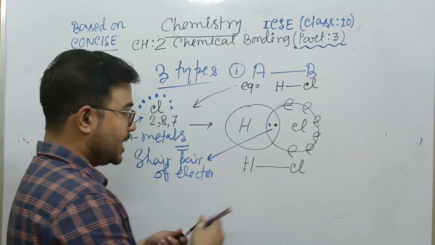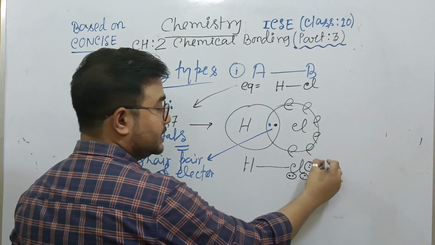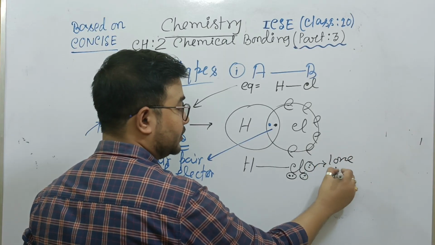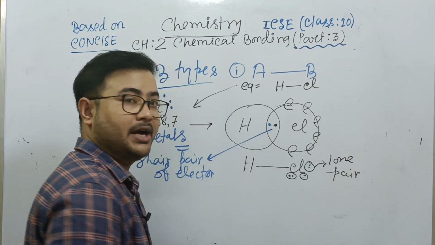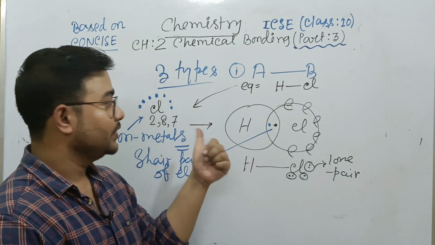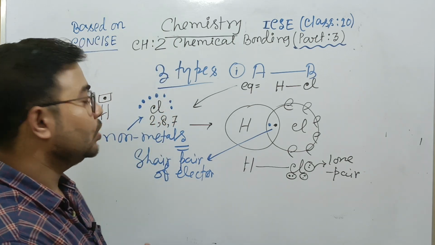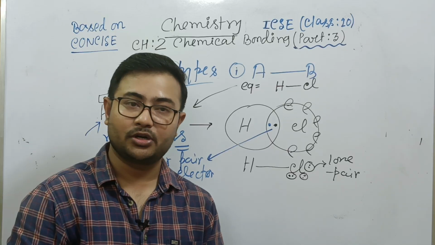So 6 means how many pairs? 3 pairs. So that's why this is called what? Lone pair. Do you understand? So these are the unshared pairs, or lone pairs, in case of HCl. So this is the concept of covalent or molecular bond.